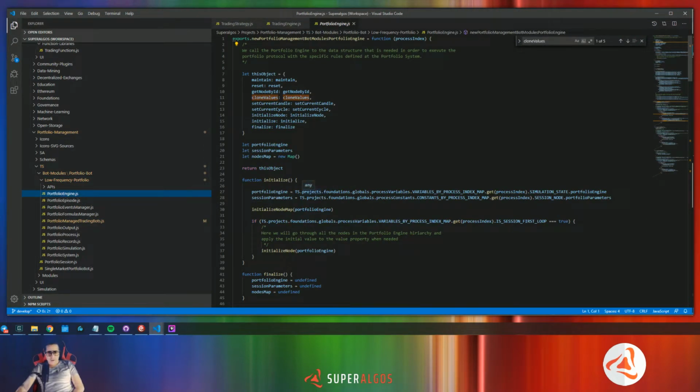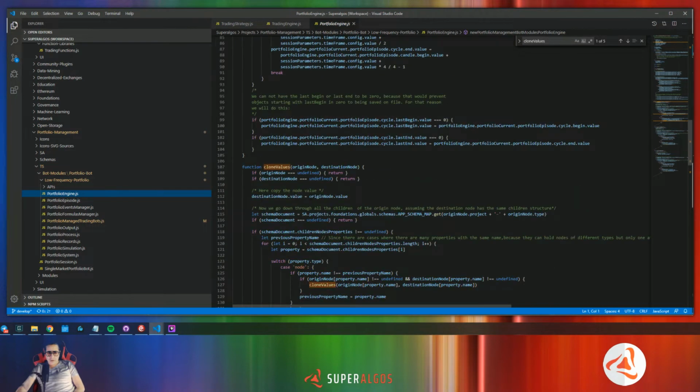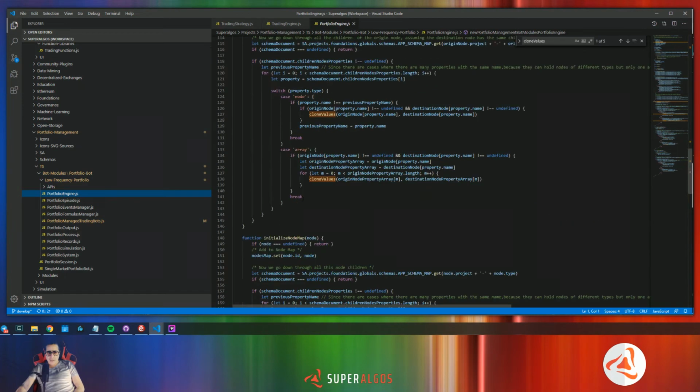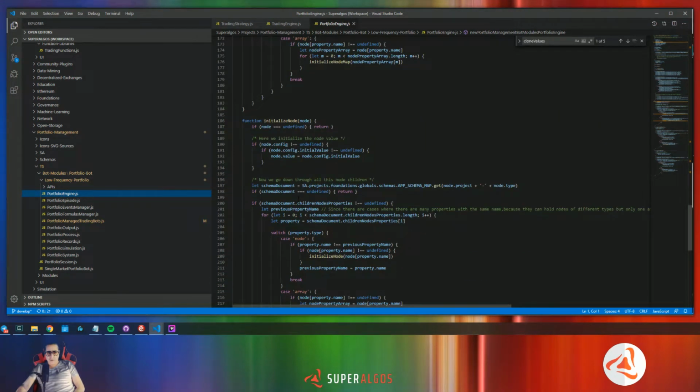Because this is a copy of the other, it has initially exactly the same features.